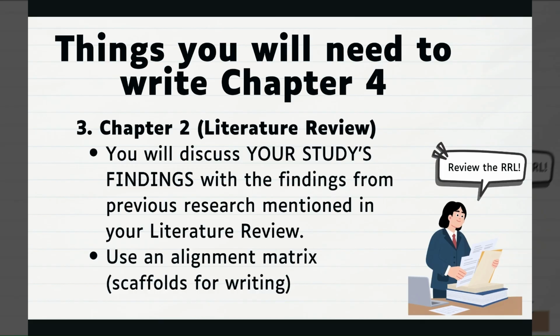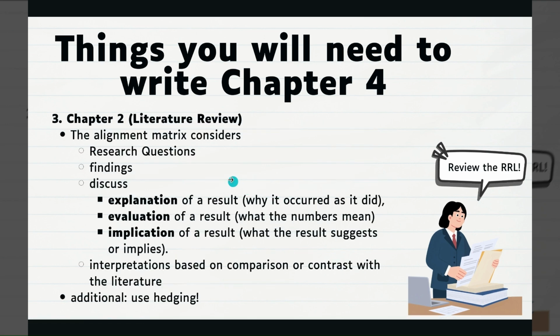To facilitate things, maybe you could try what I use, an alignment matrix, or probably like scaffolds for writing. The scaffold will be taking into account the research questions and findings. These findings are practically rooted in the data that you have presented.